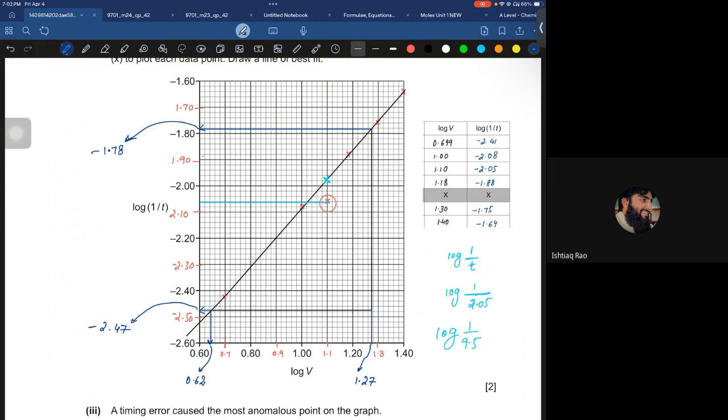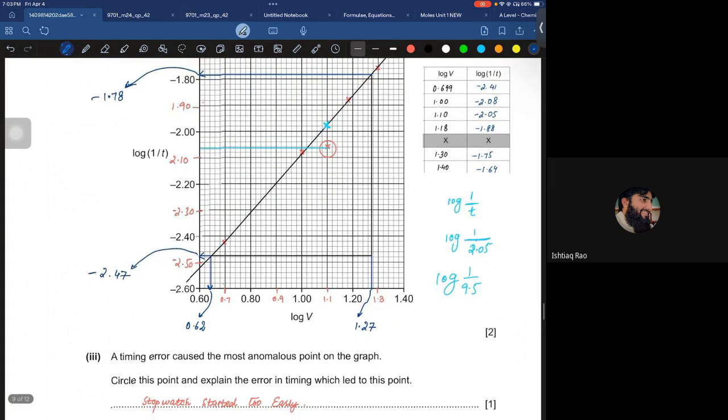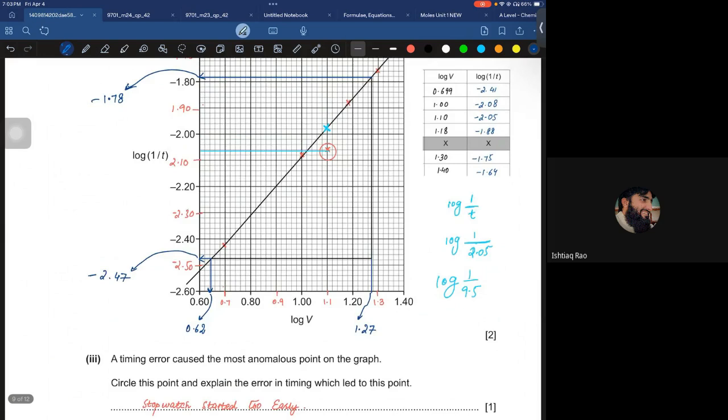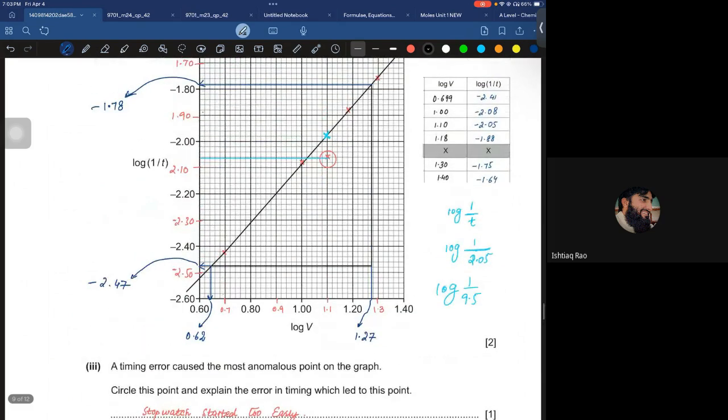I have taken this. So y2 minus y1 divided by x2 minus x1. This is the gradient. So this is y2, y1, x1, and this is x2.